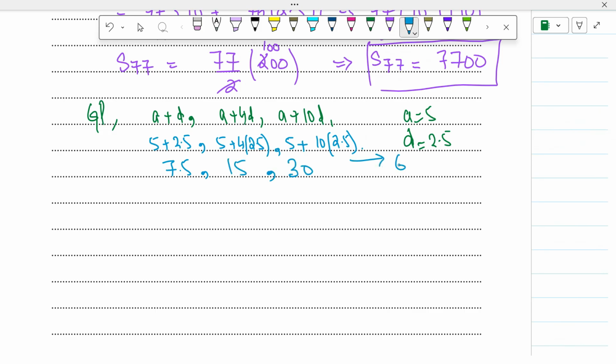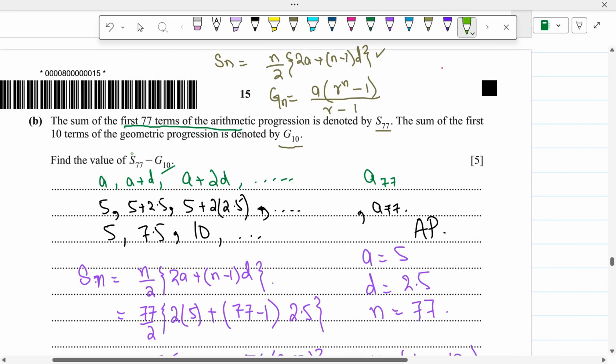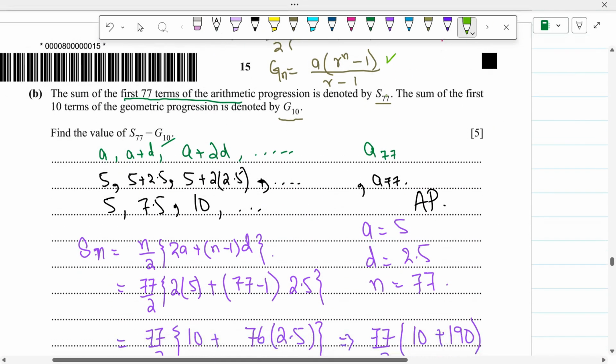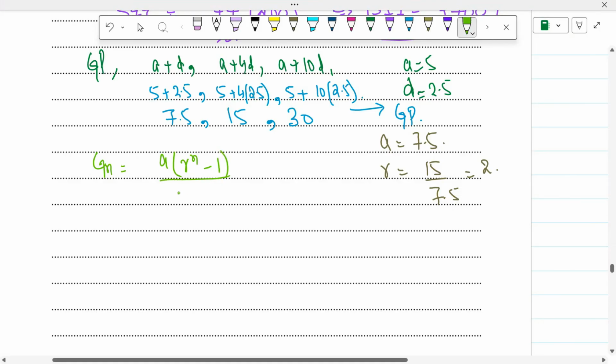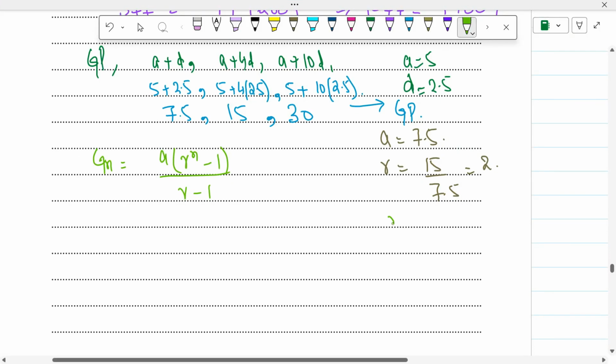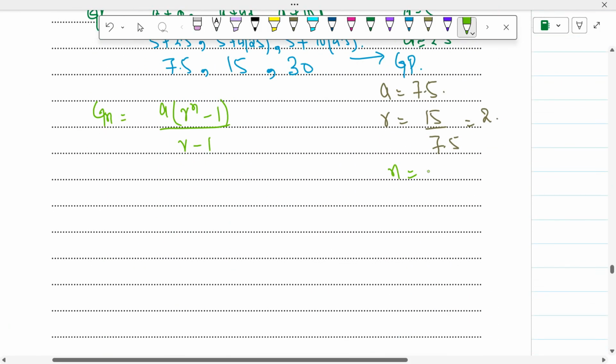So this is the geometric progression, and in this geometric progression the first term is equal to 7.5. The ratio is equal to the second term divided by the first term, which is 15 over 7.5, and this is equal to 2. Now we can use the sum of the geometric progression formula, Gn is equal to a times (r to the power of n minus 1) over (r minus 1), and in this case n is equal to 10.